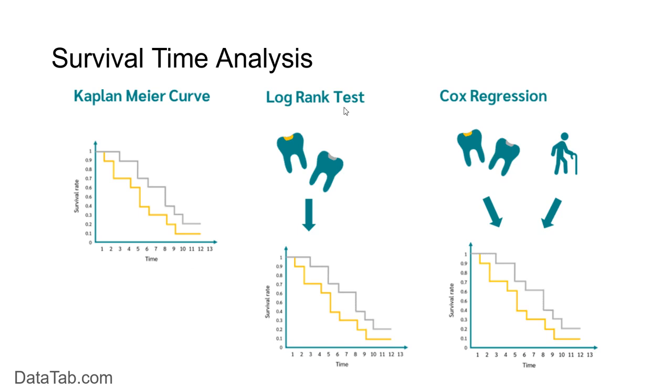Then we can use a log rank test to see if those curves are different between one or more groups, right? So we can test if our curve is different from a presumed distribution, but we can also test if, let's say, our two treatments, medicated and unmedicated, have survivorship curves that are different.